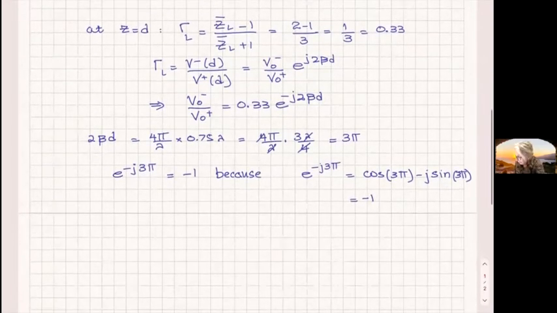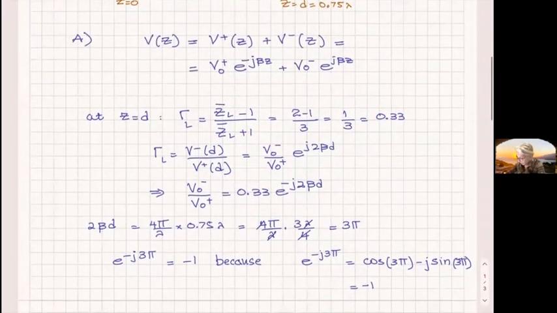So practically what we have is V naught minus over V naught plus equals minus 0.33. If D was something else, it could have been any complex number. I just selected D to simplify our calculations. Okay? So now I can go to V of Z.